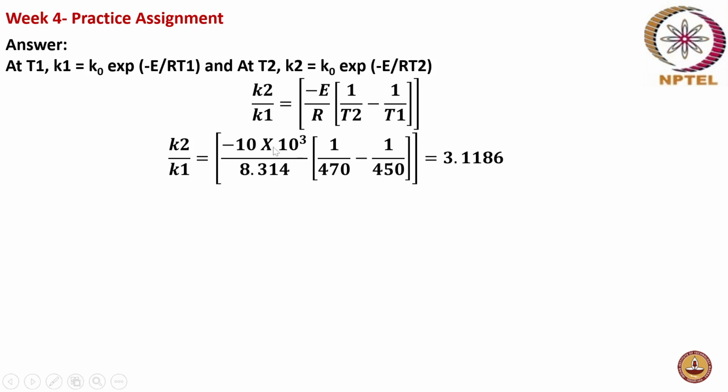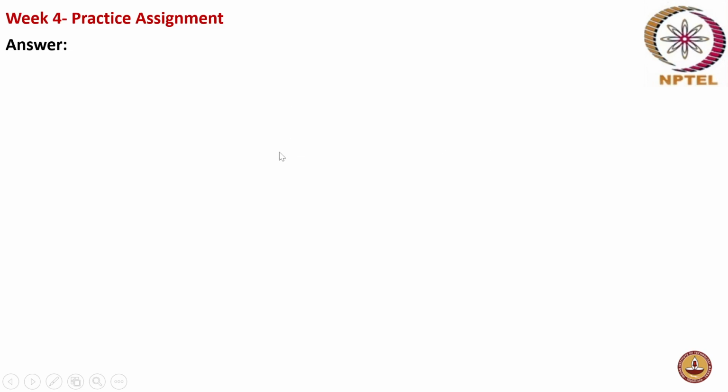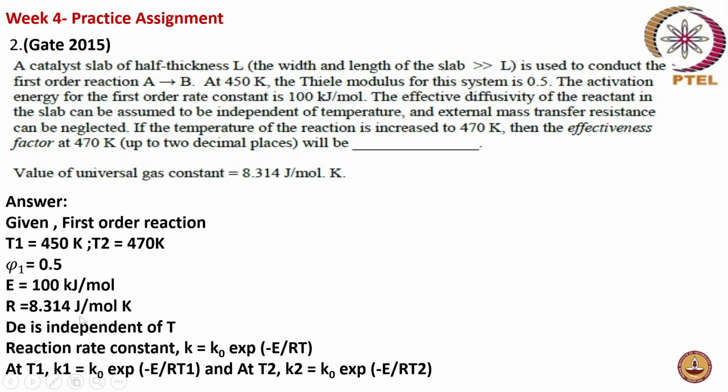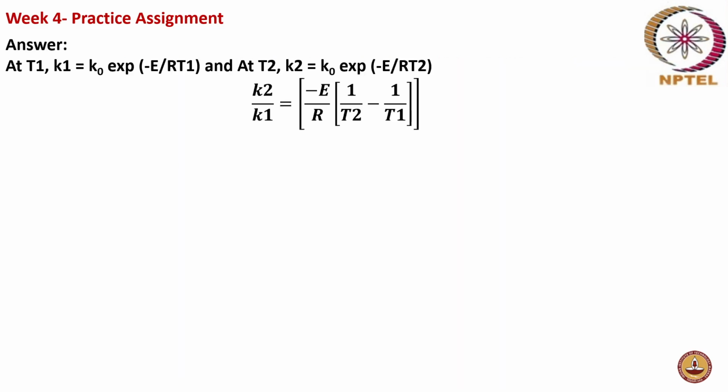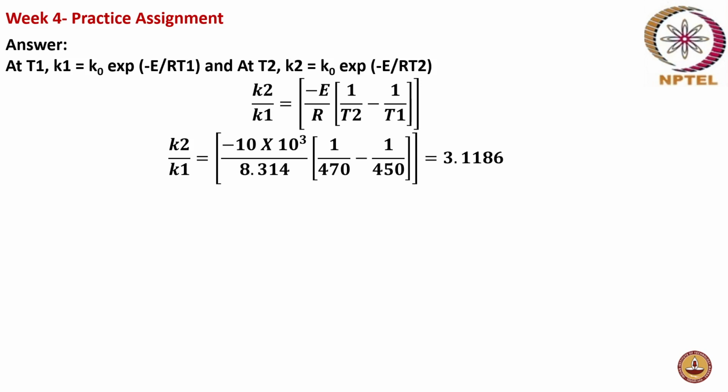Here again I have converted E, which was in kilojoules per mole, to joules per mole by multiplying by 1000 to maintain unit consistency. So we end up with the ratio of the two rate constants at different temperatures, K2 by K1, equal to 3.1186.